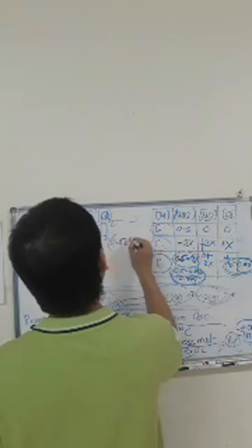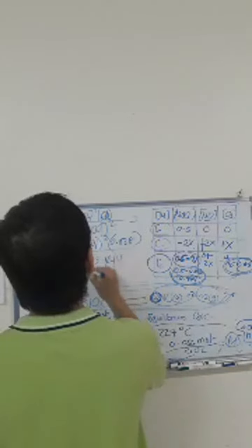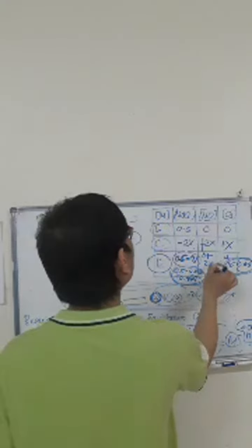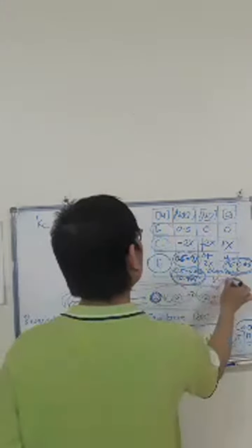Now NOCl is 0.44 raised to the power 2. And then your NO will be 2x, and 2x is equal to 0.056, with x equal to 0.028.